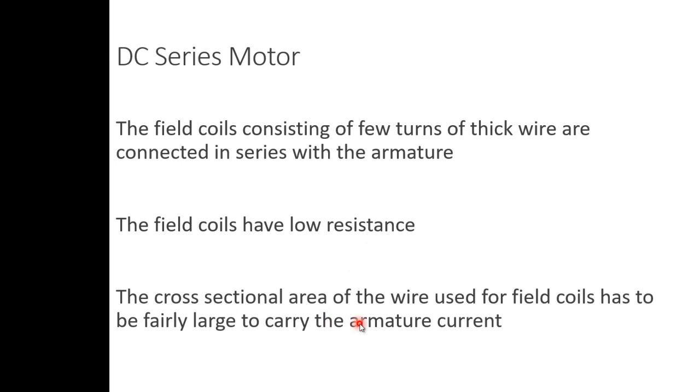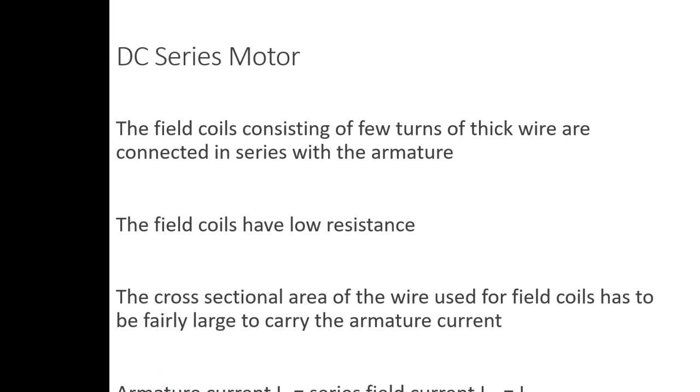The cross-sectional area of the wire used for field coils has to be fairly large to carry the armature current. So the series motor field winding has very few turns of very thick wire, the cross-sectional area is large, and hence the resistance will be low.